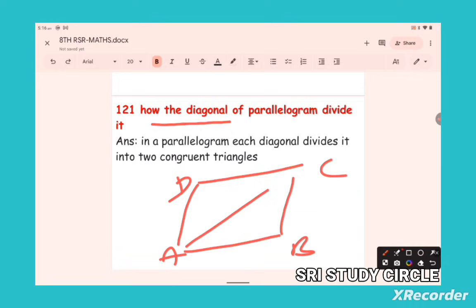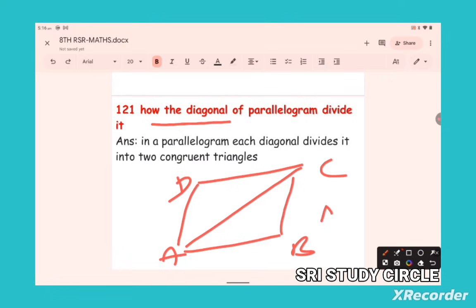Take one diagonal AC. Here the diagonal AC of parallelogram ABCD divides it into two triangles. These two triangles are congruent to each other. That means a diagonal of a parallelogram divides it into two equal, or congruent, triangles.